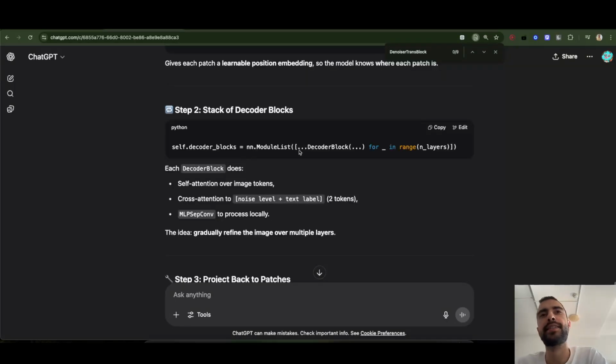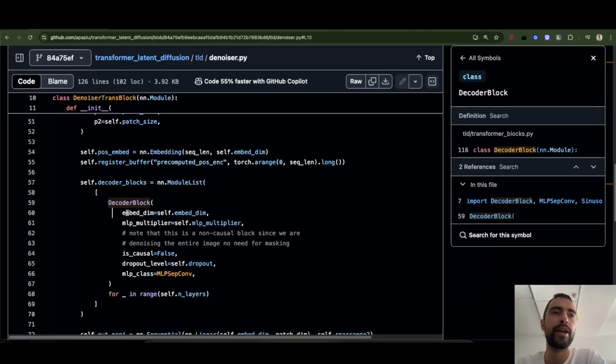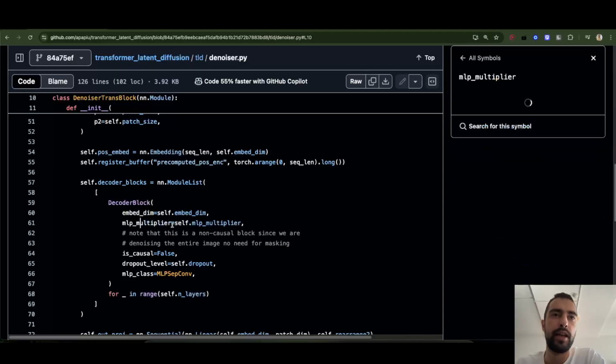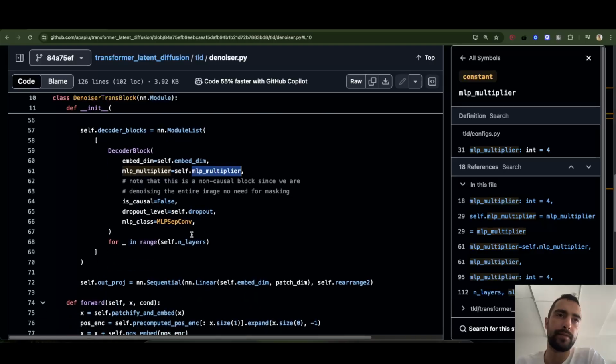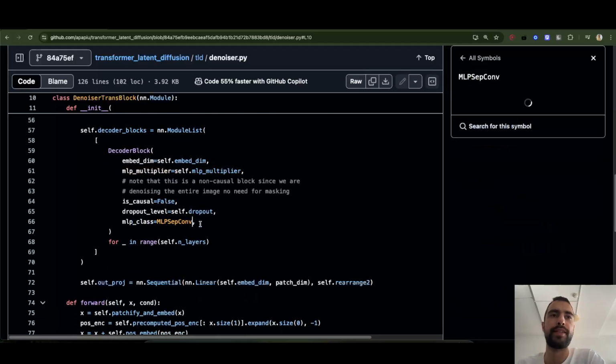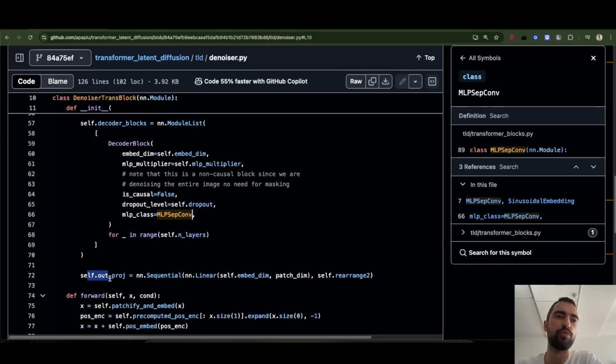So then we just stack a bunch of decoder blocks based on this hyperparameter number of layers. So we have NN module list and inside decoder block this amount of times. And you see here that in the decoder block, so it's a list, but we pass in all of these hyperparameters and instances, embedding dimension, MLP multiplier, this MLP-SConv class, etc. And in the end, we have this output projection.